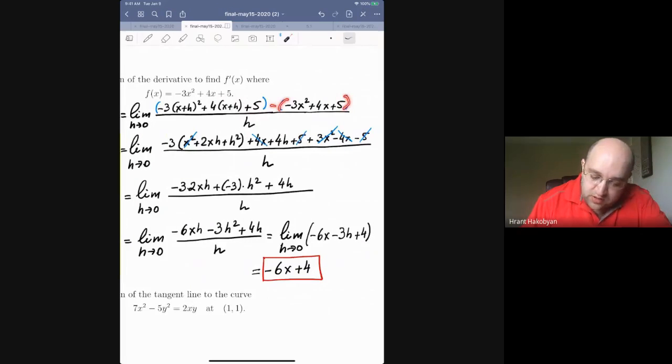After simplifying, we get an expression on the top which just has 3 terms, and then we divide by h. All that's left is this term, this term, and this other term which goes to 0 when h goes to 0, so that disappears, and then we have just negative 6x plus 4.